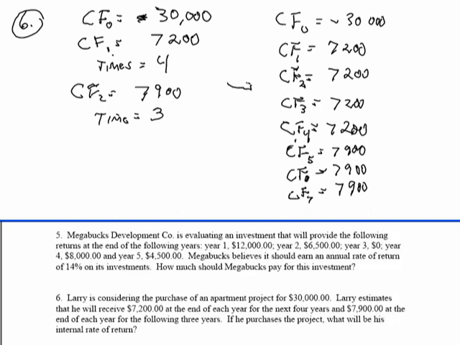So either way, you should get the same answer. You're just using a shortcut the first way, and you're explicitly punching in each of the cash flows the second way.